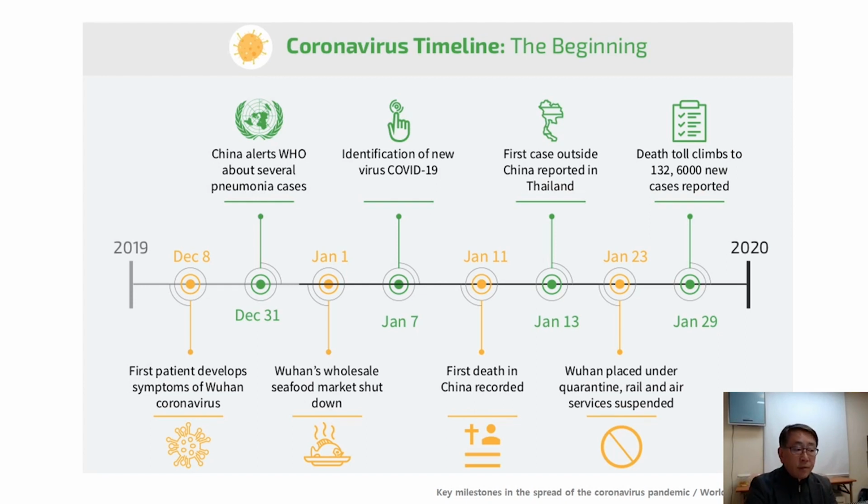On January 11th, there was a first casualty from these pneumonia-like cases in China. And soon, around January 13th and January 20th or 21st, this virus spread to nearby countries like Thailand, South Korea, and Japan, and soon after, the United States.